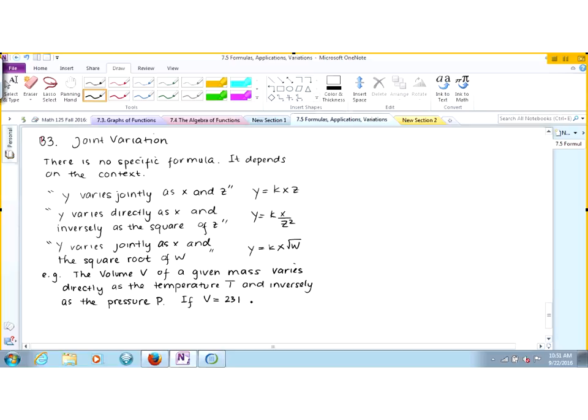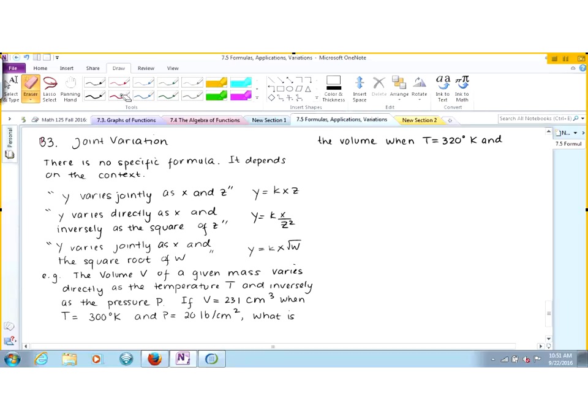If V, the volume, is 231 centimeter cubed when T is 300 degrees Kelvin and P is 20 pounds per centimeter square, what is the volume when T is 320 degrees K and P is 16 pounds per centimeter square? All right.